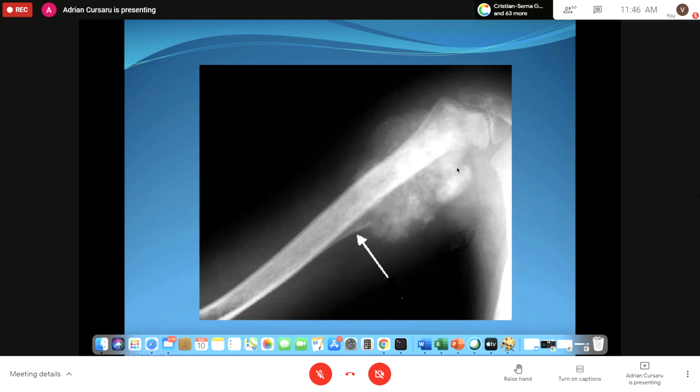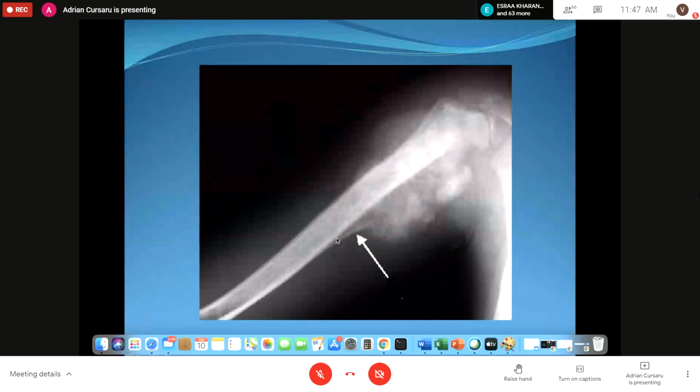You can see here a big tumor, an extracompartmental one because it goes into the soft tissues. You cannot see the lesions of the bone very well, but you can see very well the reaction of the periosteum here, the Codman triangle, the triangle of death.